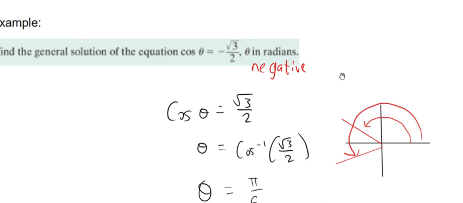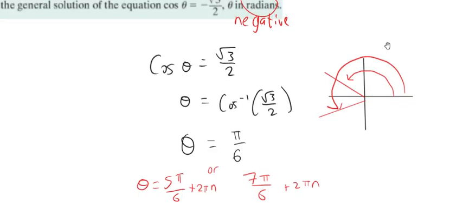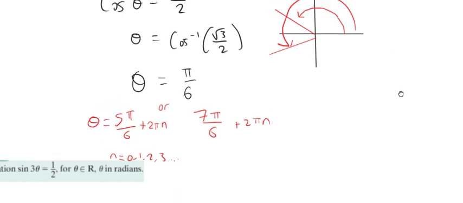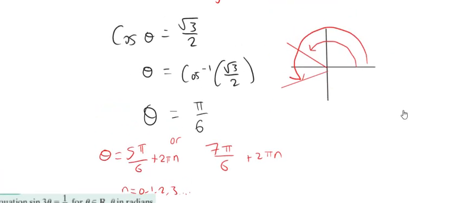Now this question said radians at the end there, but it can say degrees equally. If it had said degrees, then our reference angle would have been 30, because pi over 6 is 30 degrees, and our solutions would have been 150 plus 360 n, because 360 is a full circle in degrees.